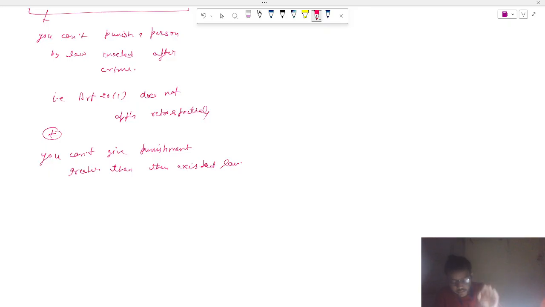Basically Article 21 says two things. First, let's suppose you have committed a crime today and Parliament made a law for convicting that person after the crime has happened, then the law will not apply to that person. Second, the judiciary cannot give punishment greater than the law which has been mentioned for a particular crime.